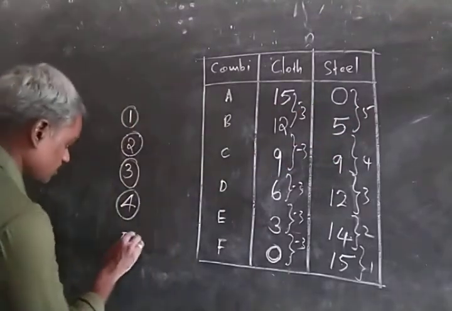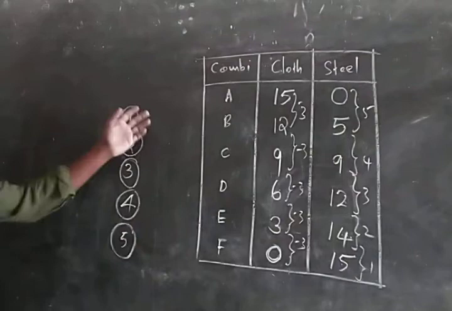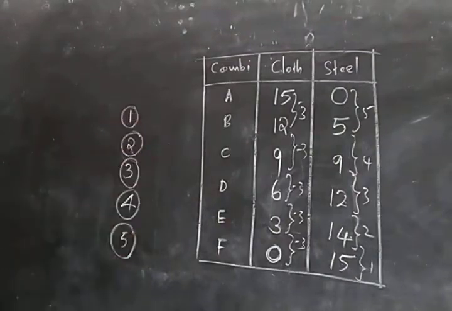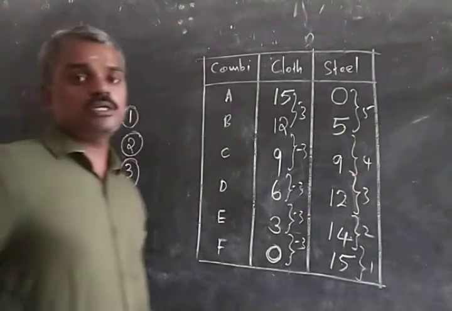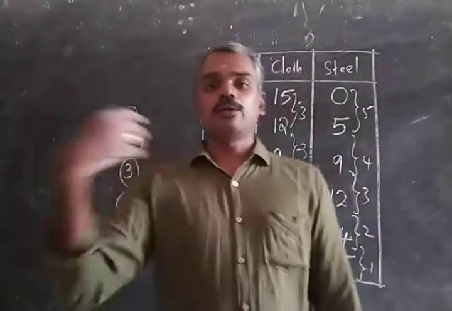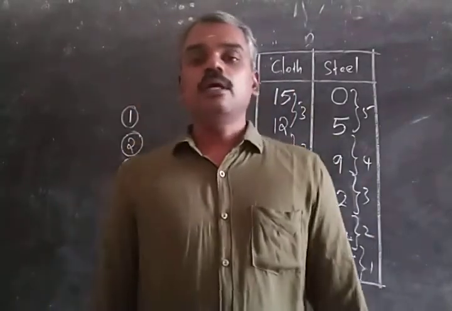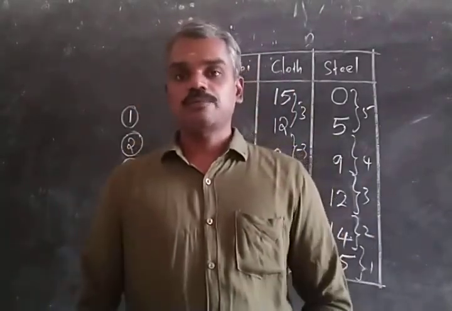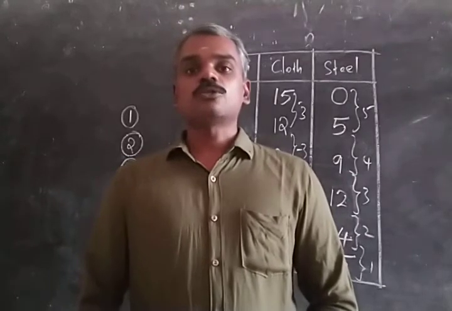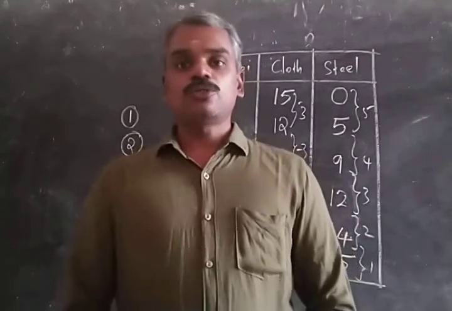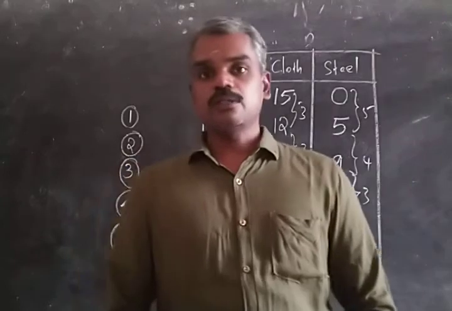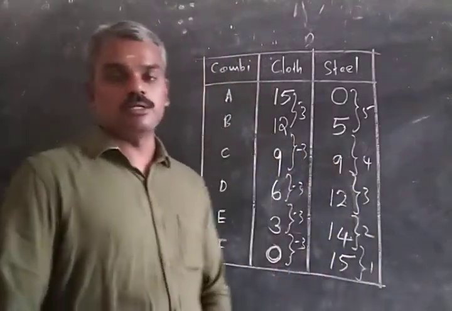So opportunity cost increases to 5. You can see here a trend in which the opportunity cost keeps increasing, and this is called increasing opportunity cost. So the production possibility curve usually has increasing opportunity cost. Now you can define a production possibility curve.